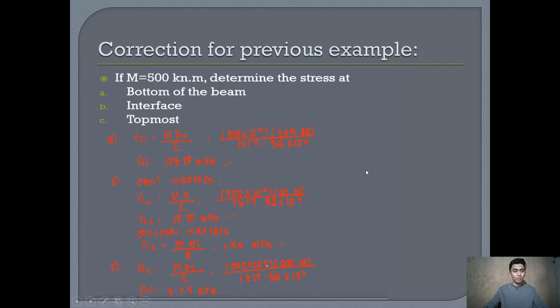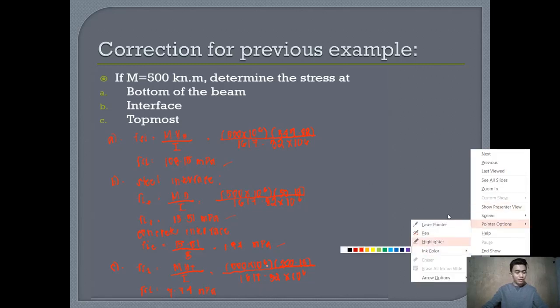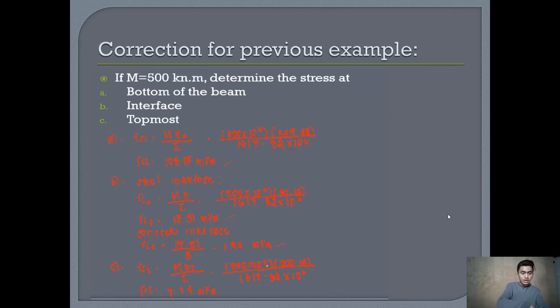Now, I would like to thank some of the students who were able to ask about this question. I might have missed including this during our discussion. So take a look at the computation for the topmost part.